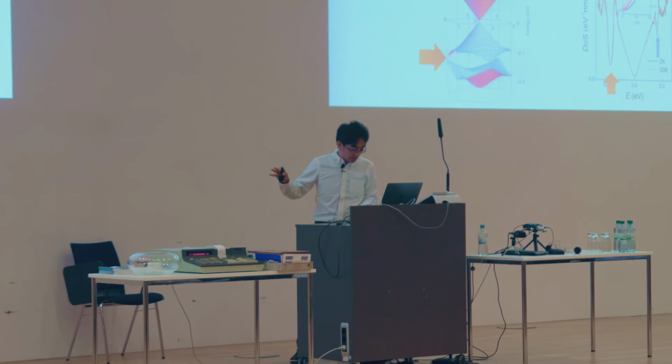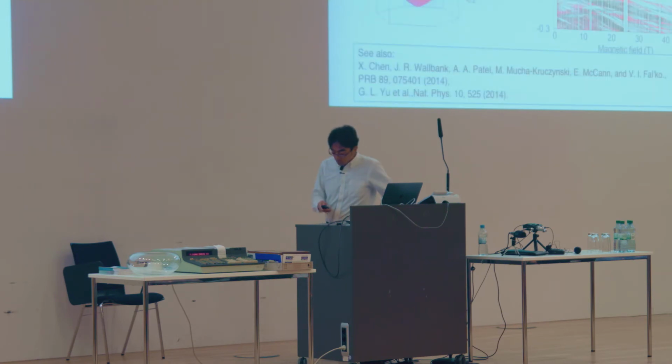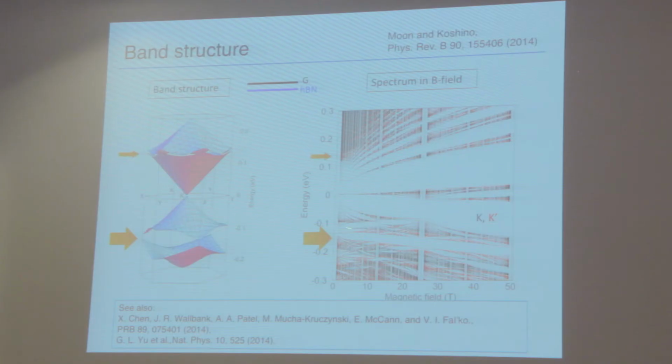I want to say that this is again described by the 4x4 Hamiltonian. We can also include a magnetic field, and then it gives a Hofstadter butterfly. The fractal pattern is more obvious on the hole side than on the electron side. But anyway, we have this.